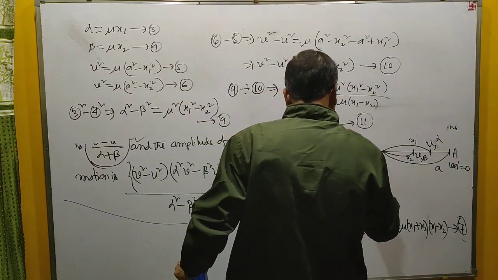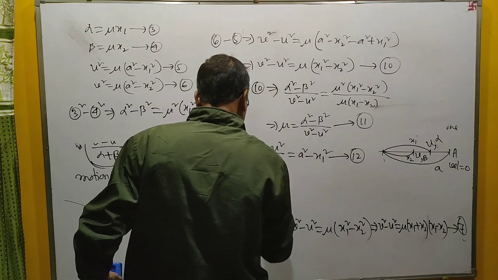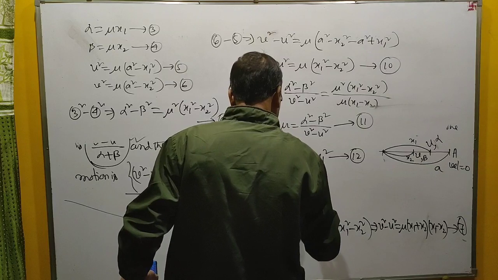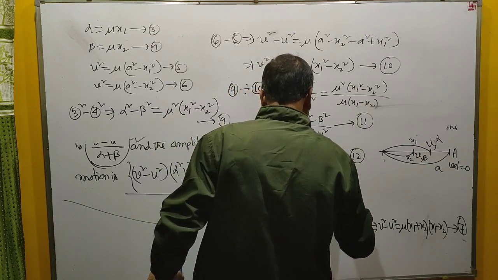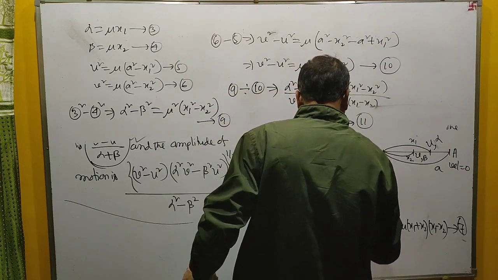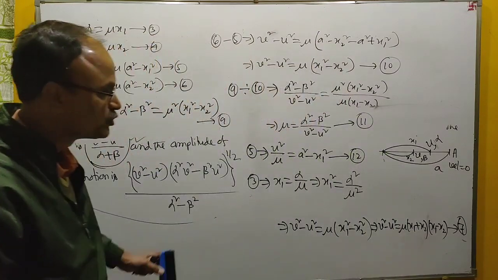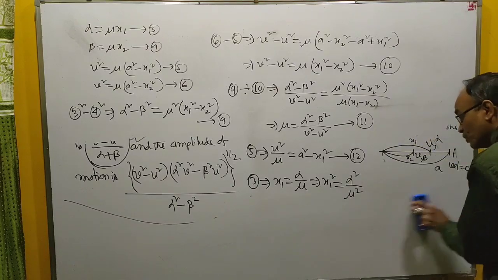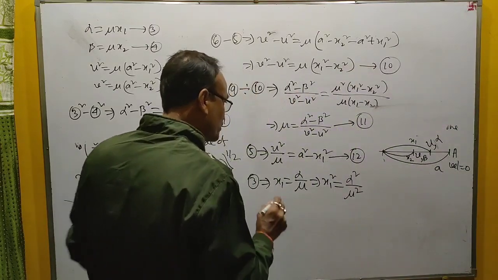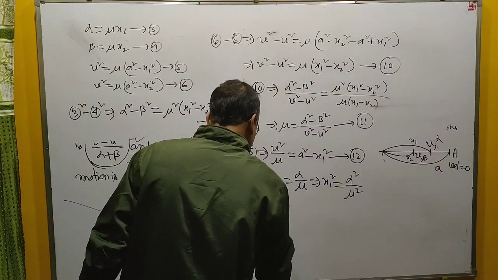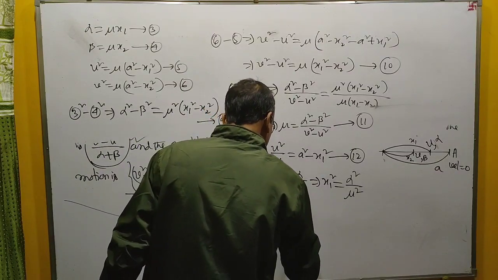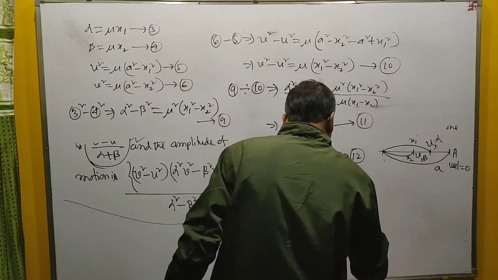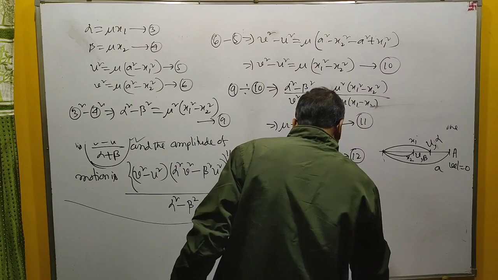From 3, x1 equal to alpha by mu. Suppose this is number 12. This means x1 square is equal to alpha square by mu square. Putting this value of x1 square from 12, we get u square by mu equal to a square minus alpha square by mu square.